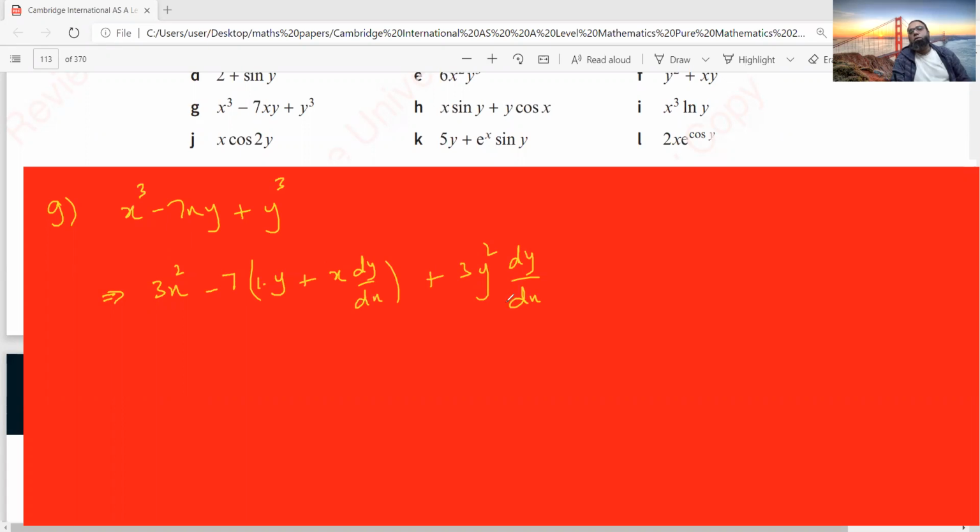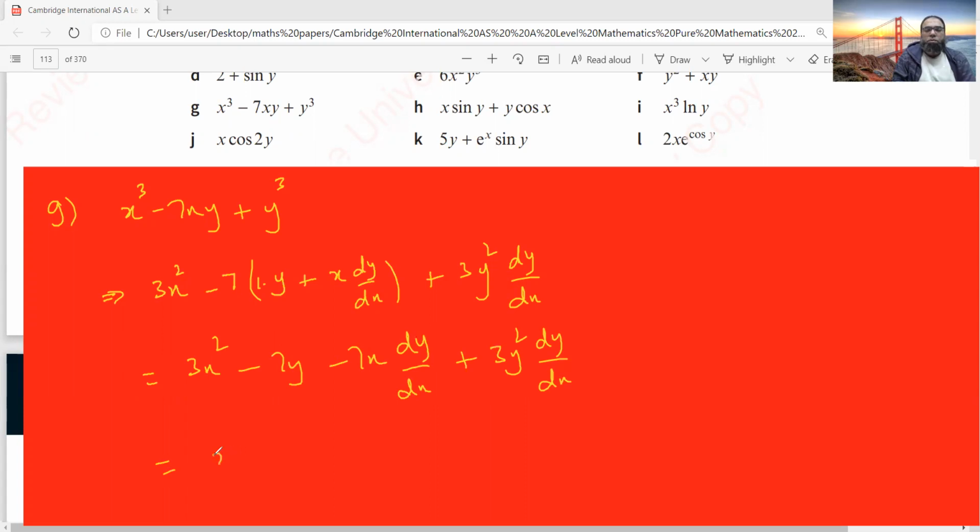So just remember that whenever you differentiate a term in y, you have to write that dy by dx with it. So this becomes 3x squared minus 7y minus 7x dy by dx plus 3y squared dy by dx.